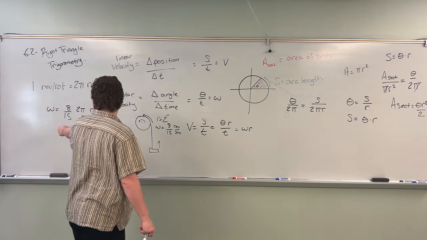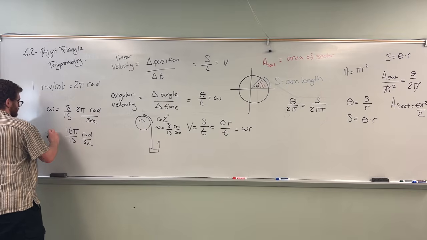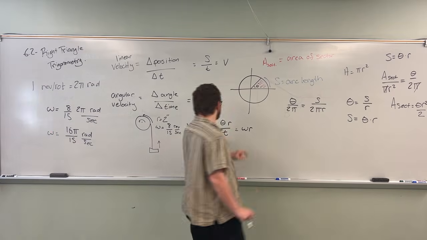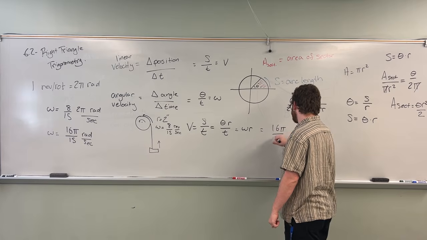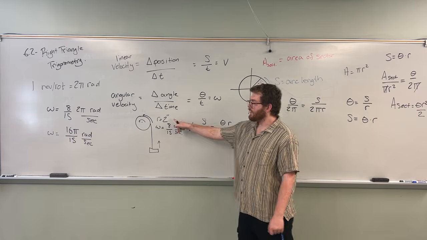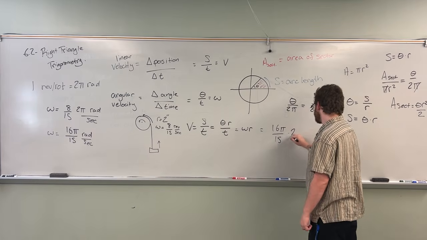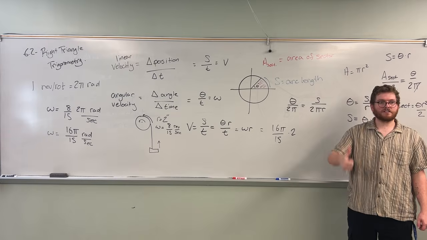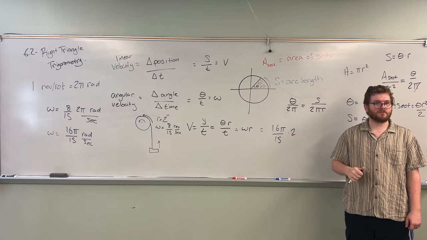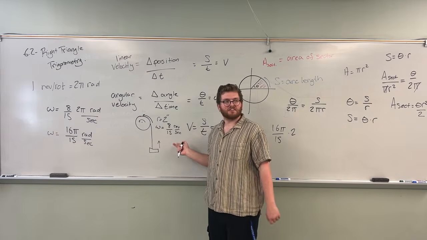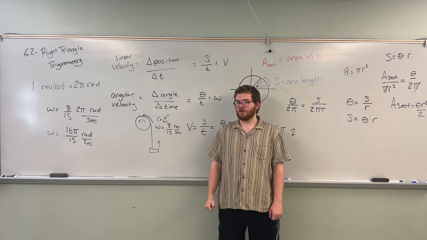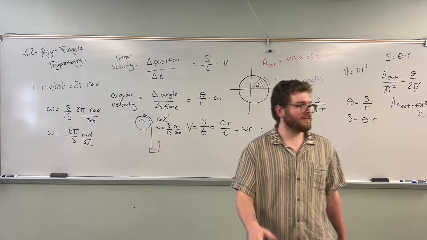So then I have my omega. My v is just omega times r, so that's going to be 16 pi over 15 times my radius, which was 2. And now we're talking about linear velocity, so what's going to be the units of that? Inches per second, right? It doesn't make sense to talk about walking this fast in angles.